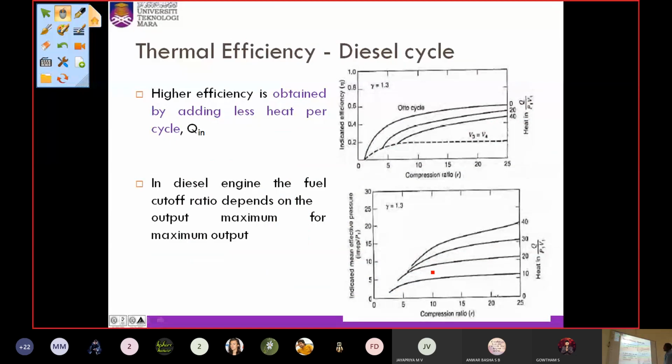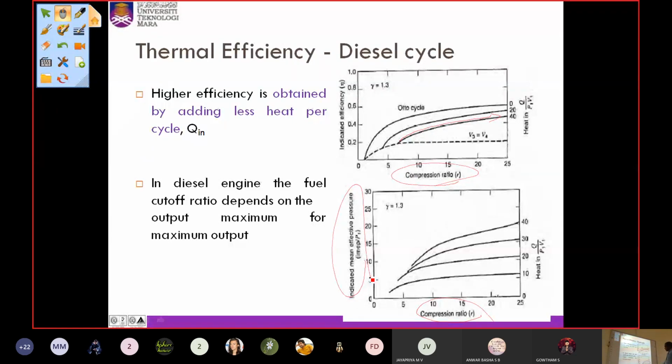That's it. So we can compare the thermal efficiency of a diesel cycle with the compression ratio. If you increase the compression ratio, you can get increased thermal efficiency. Then also we can compare the compression ratio with the MEP, that is mean effective pressure.